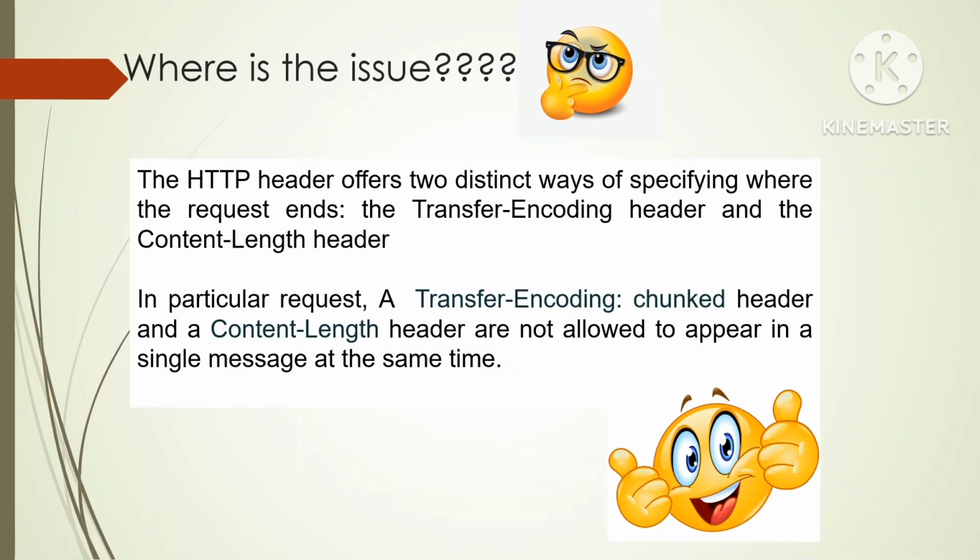But think about a scenario: what if the attacker, or someone who wants to test how the application behaves at different levels and how the application parses the request, sends both the content length header and transfer encoding at the same time?